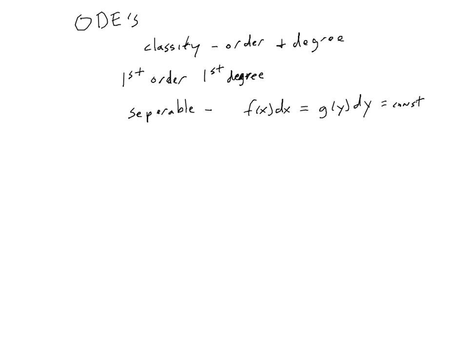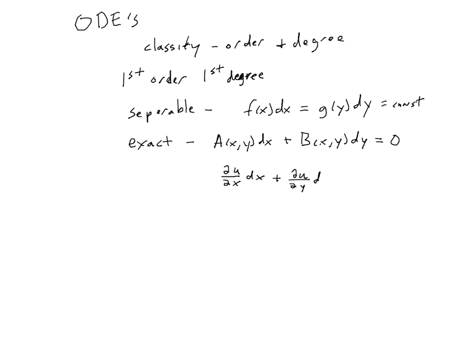Another thing you could do is test to see if it is exact. To be exact, if you have a of x,y dx plus b of x,y dy equals, say, 0, then this is equivalent to saying partial u with respect to x dx plus partial u with respect to y dy is equal to du.